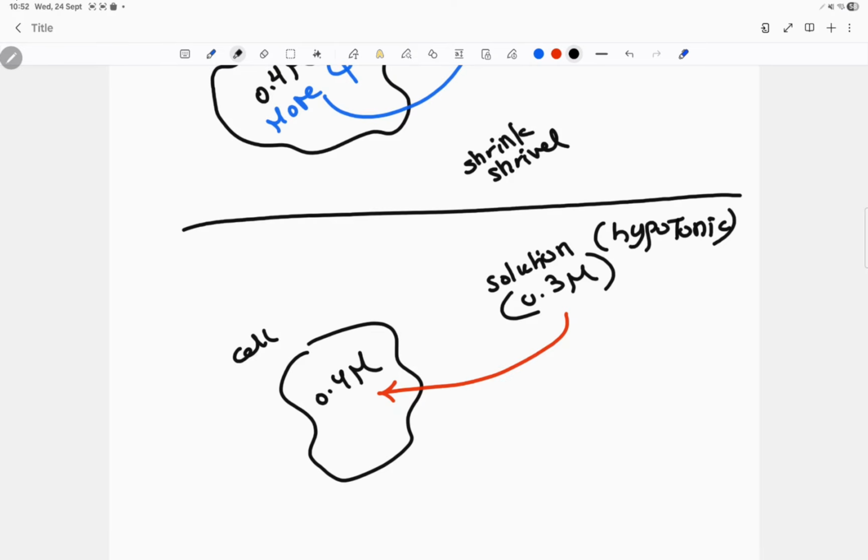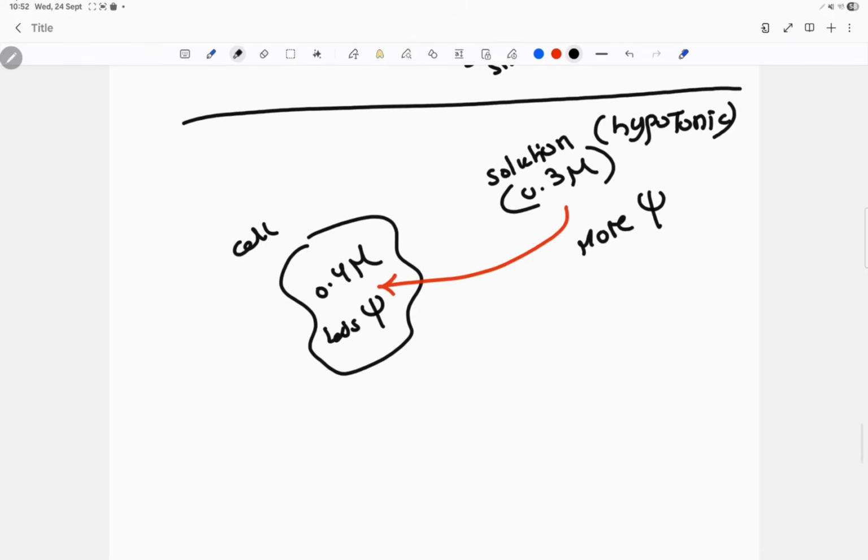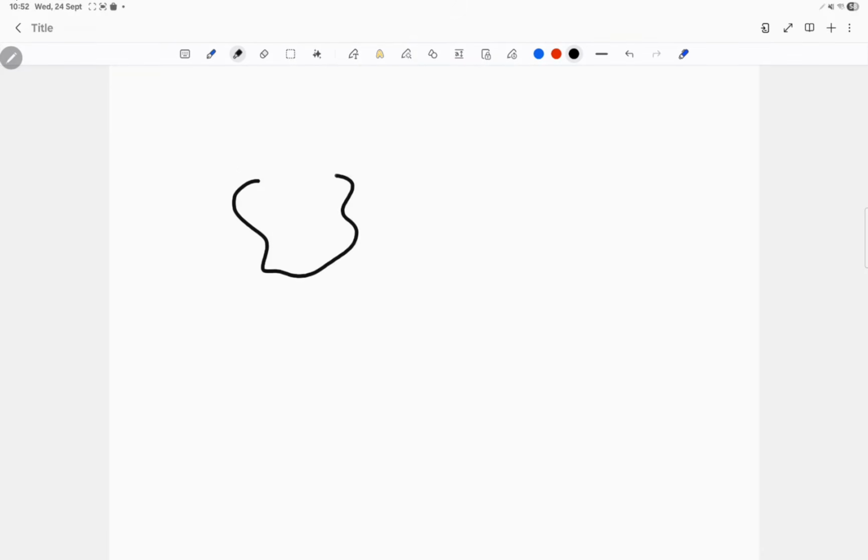Now, having a lower concentration means more water potential. And having more concentration means less water potential. And the water always goes from the more water potential to the less water potential. Now, if you take the same cell and you put it inside a solution whose concentration is the same as the cell, so let's say 0.4 and 0.4, we call this an isotonic solution.